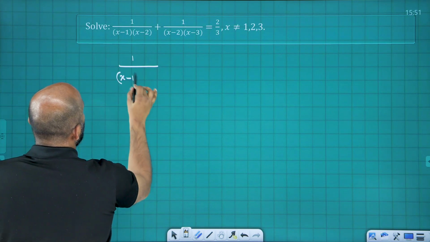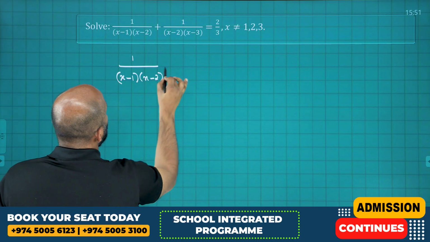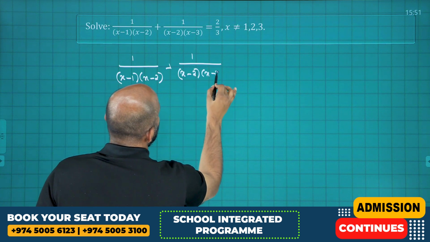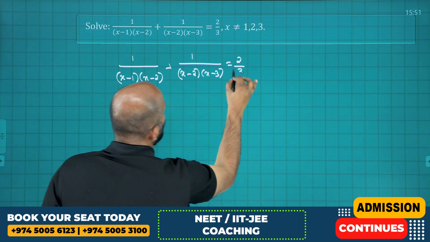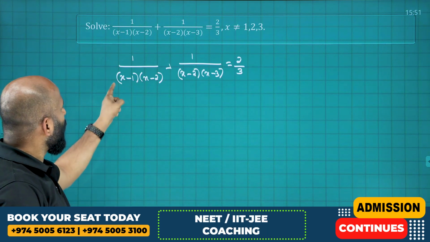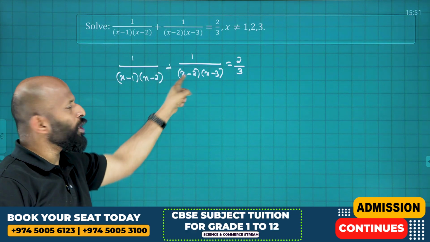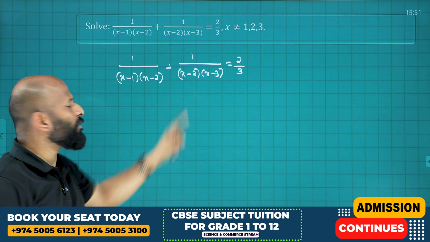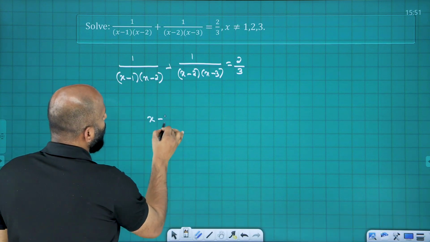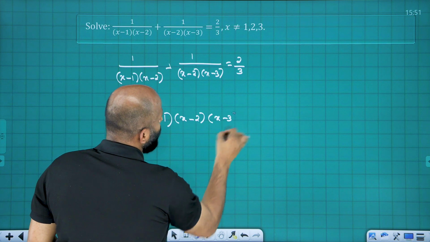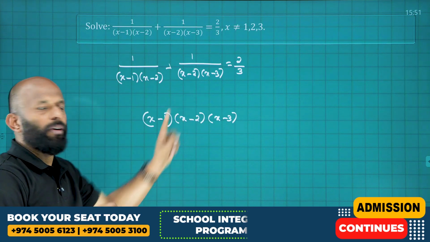1/((x-1)(x-2)) + 1/((x-2)(x-3)) = 2/3. So here I'm going to take the LCM, (x-1)(x-2)(x-2)(x-3). Here x-2 is repeating and it has the same power. Therefore the LCM will be (x-1)(x-2)(x-3). If the power was different, the highest power will be written.